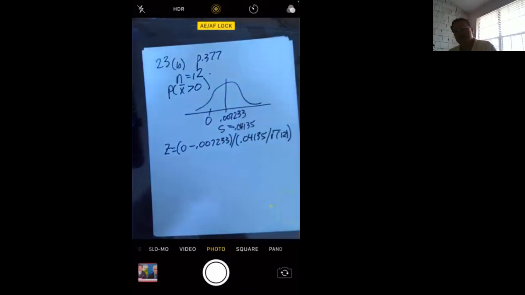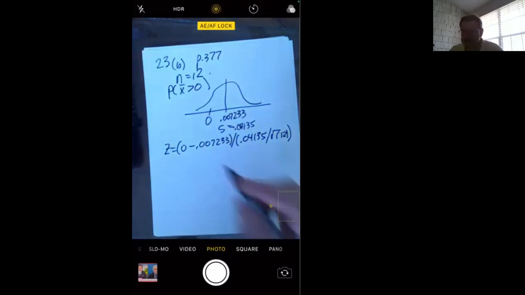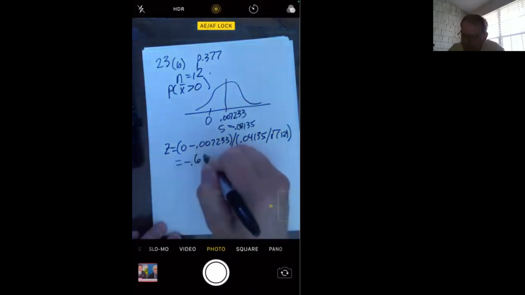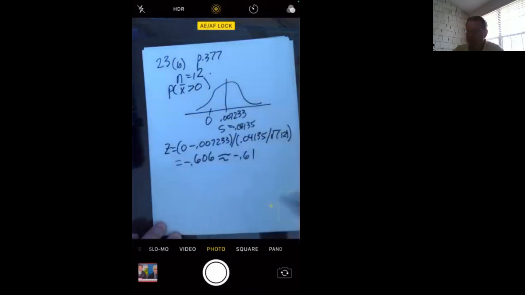So if you can call it back or find it, your top is still negative 0.007233, dividing by parentheses 0.04135, which is divided by the square root of 12. I'm getting negative 0.606. I guess we'll call that negative 0.61, split off the 1.